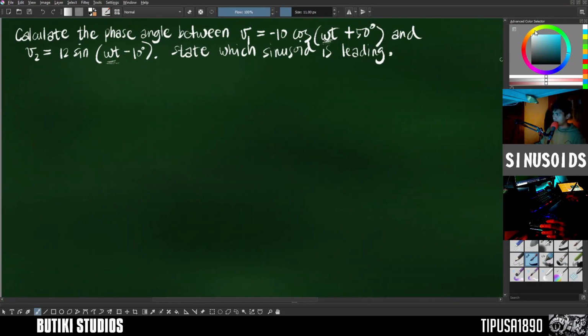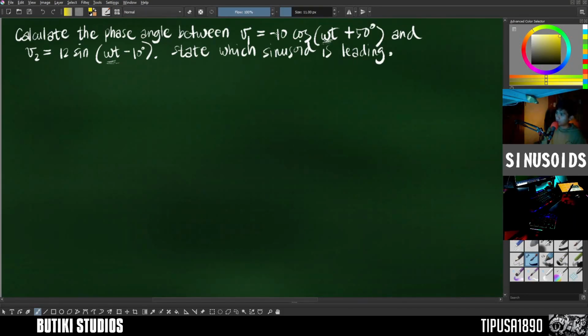So the first thing we should do is decide which one to change. For me, so that I have less work, I will change cosine into sine, purely because cosine here has a negative at the beginning, and I do not like that negative at the start.